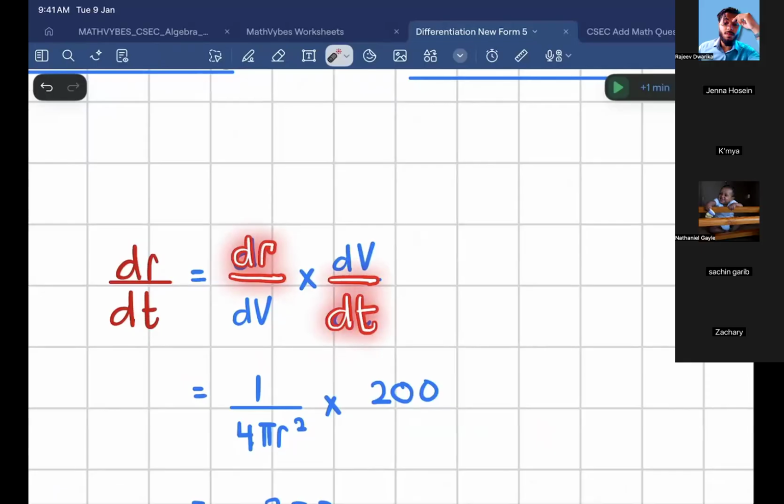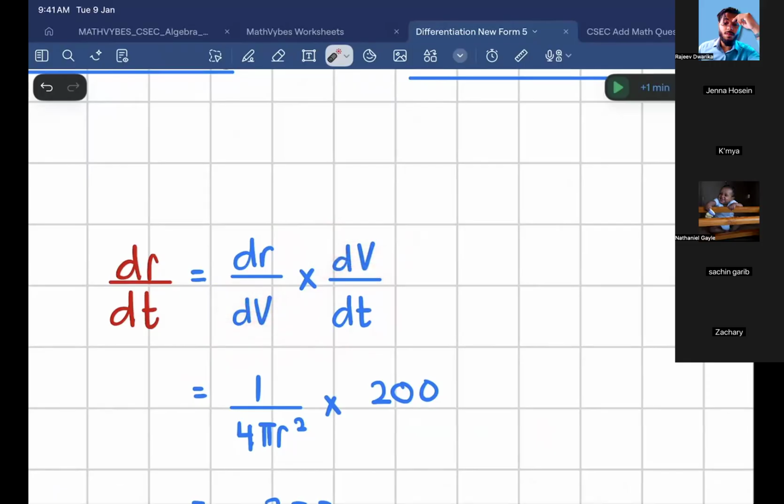Following? Good. Now, whatever I put here and here must be the same so it gets cancelled off. Because if it cancels off, it leaves you with what? dr/dt. Exactly.